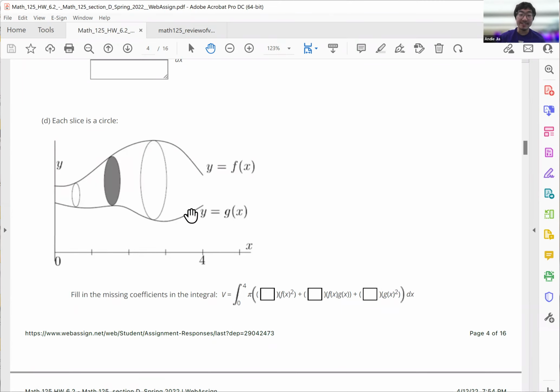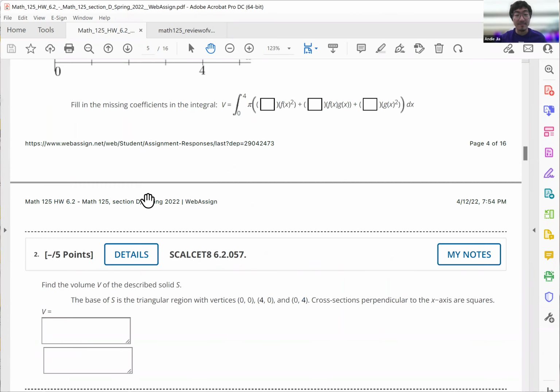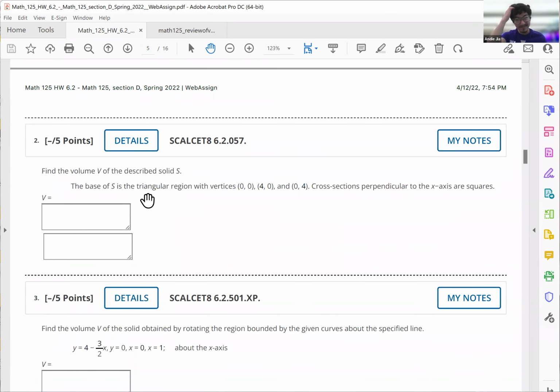The outer radius is f(x) and the inner radius is g(x), so the region between is f(x) minus g(x), squared. I will discuss this later because it is a harder problem.